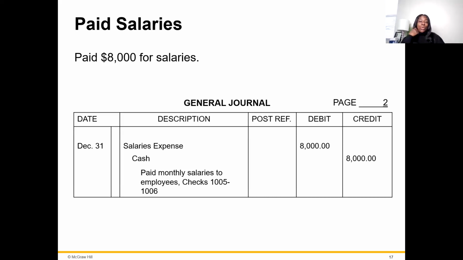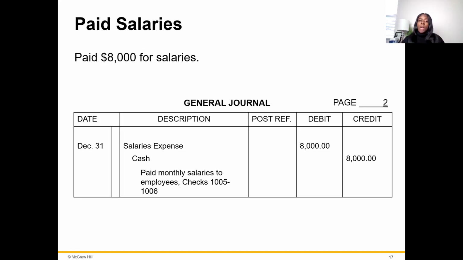So we pay salary. When we pay salaries, we book it as an expense. Expenses increase on the debit side. So I know we're saying we're paying the salaries out, so our money is decreasing, you're right, but the total amount of salaries that we're paying out is increasing. So all expenses increase on the debit side.